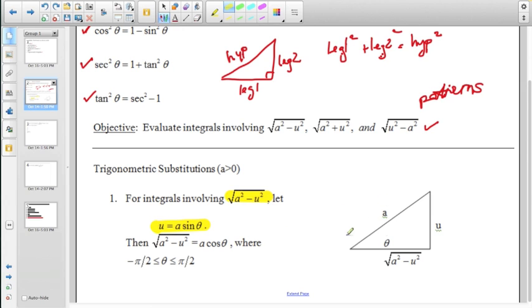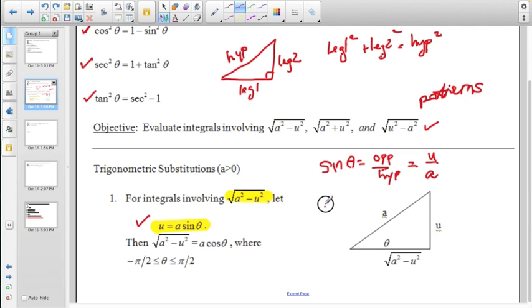When we set this up over here, we can see that in terms of the angle theta, we're going to set up our trigonometric expressions. We know sine of theta is opposite over hypotenuse, so we're talking about u over a. That's where this expression is coming from.